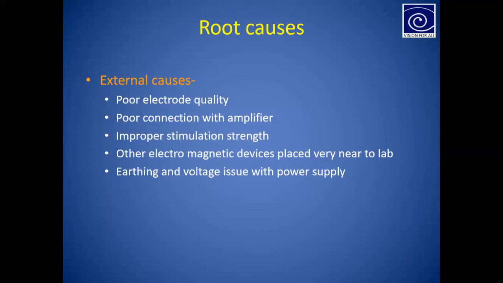And lastly, earthing or voltage issues with the power supply should be checked. If the voltage is not proper, or if there is an earthing or ground issue, we'll get some artifacts or noise from this.